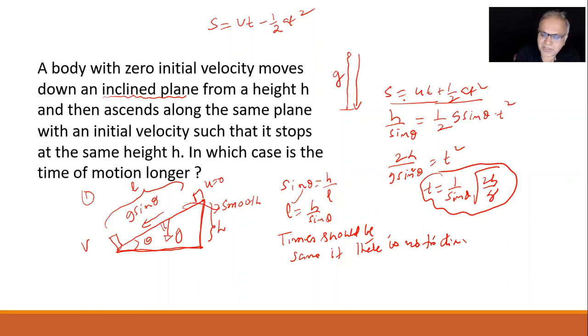So what is S now? H by sine theta equals final velocity, which is 0, minus a, where a is minus g sine theta while going up, into t square. So will you get the same time or not?